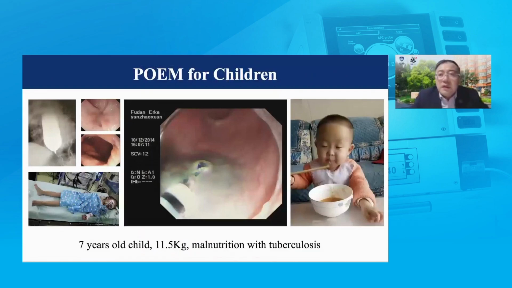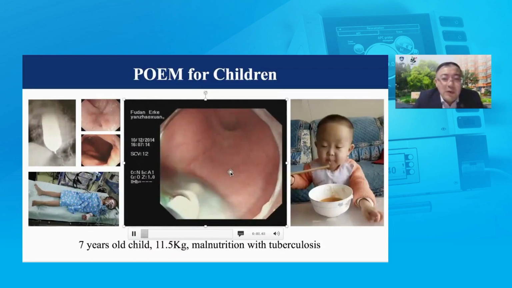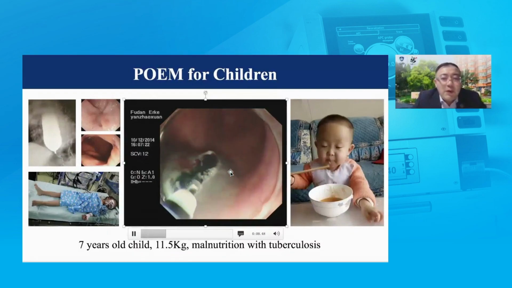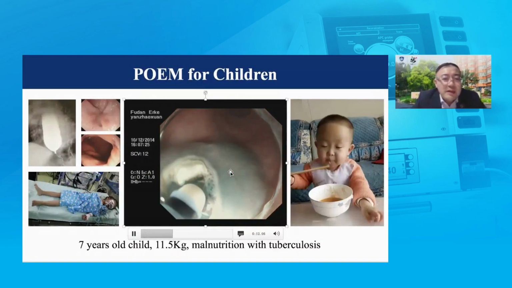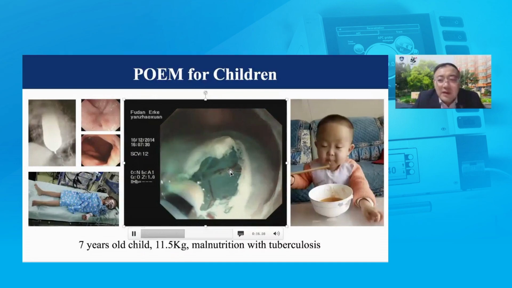Endoscopic resection is widely used in adult patients. Now we performed POEM for some young children. This child was 7 years old, with low body weight, and with the POEM procedure, the patient had a good recovery. So now in China, we performed POEM even for some young patients.